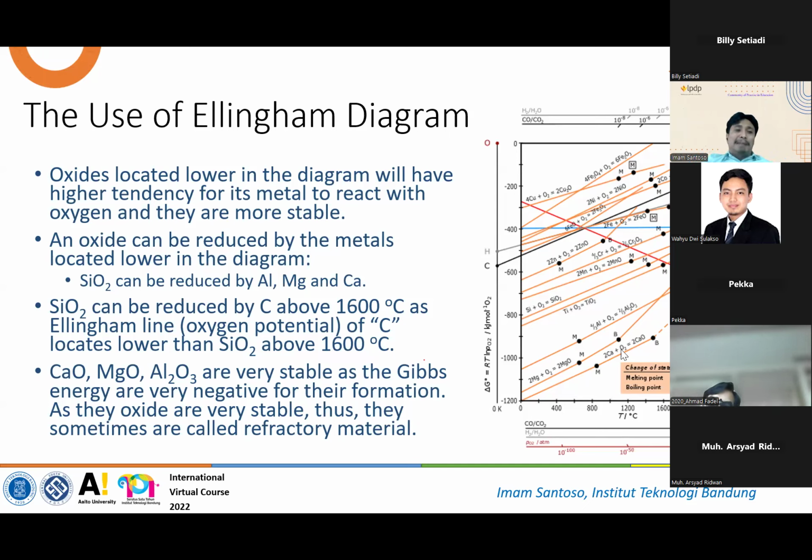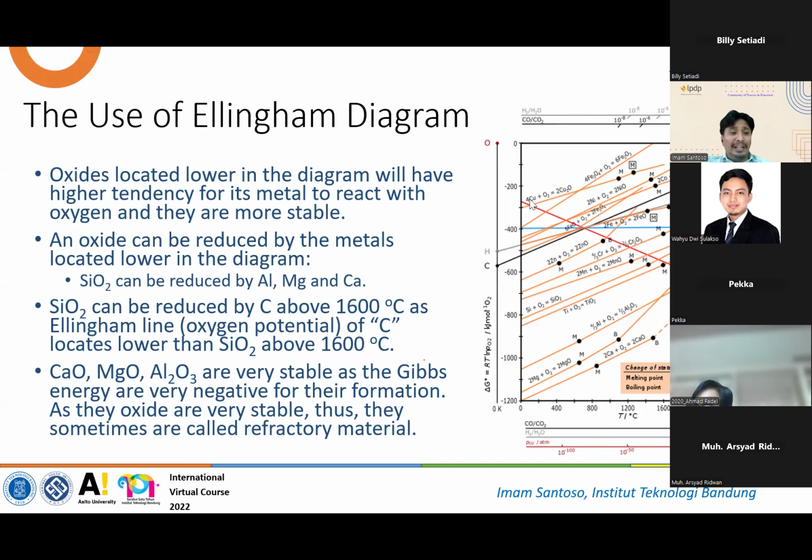So carbon is a well-known reductant. It is available almost everywhere. In Kalimantan, you have coal. Coal is carbon. So carbon is the most important reductant in human history.